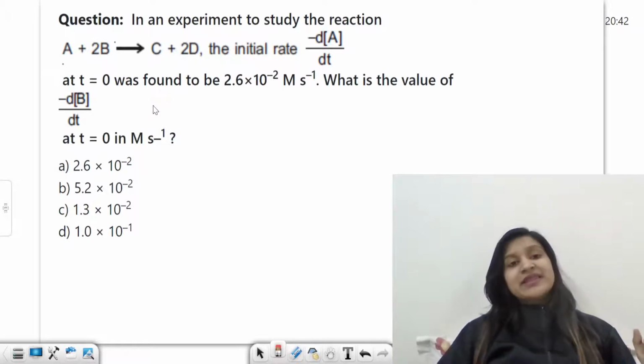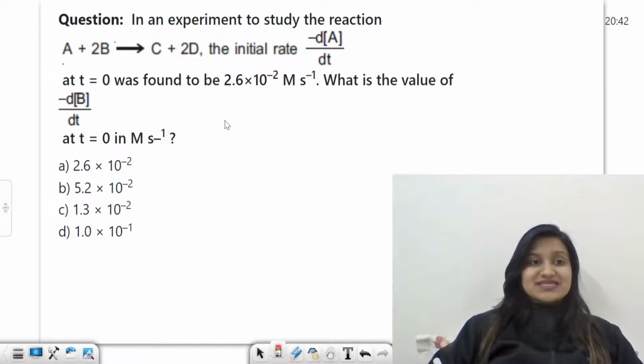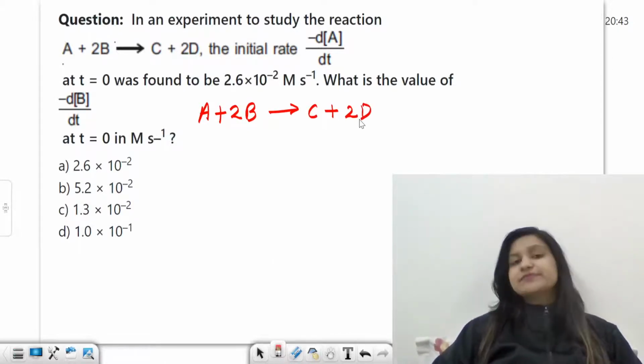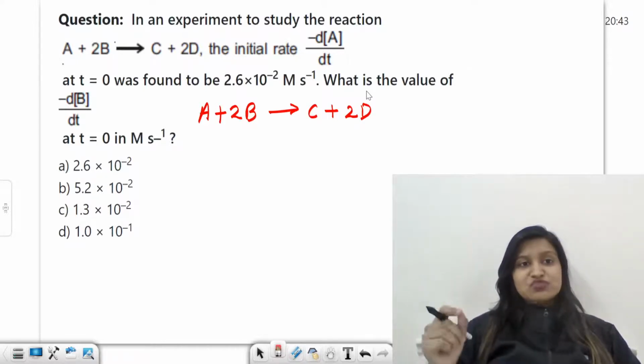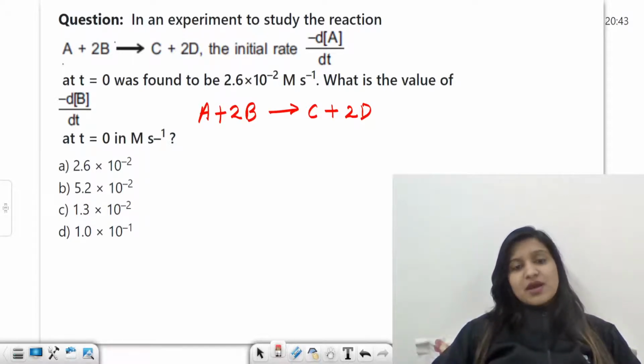Now comes the next question. In an experiment to study the reaction A plus 2B gives us C plus 2D, the initial rate, minus dA by dt at time t equal to 0, was found to be 2.6 into 10 raised to power minus 2.